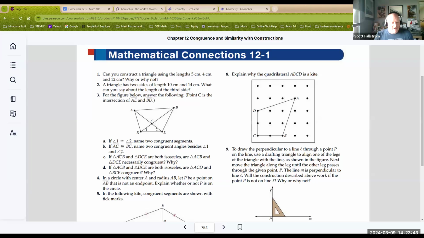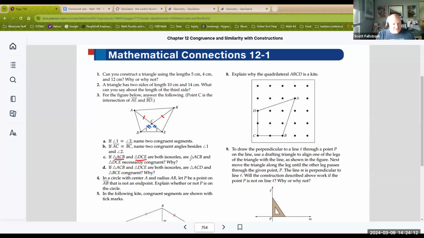Then we come down here. If ACB and DCE are both isosceles, my recommendation is when you see that, mark them. So if ACB is isosceles, because clearly there's one long side, and DCE, maybe I'll mark those with 2.